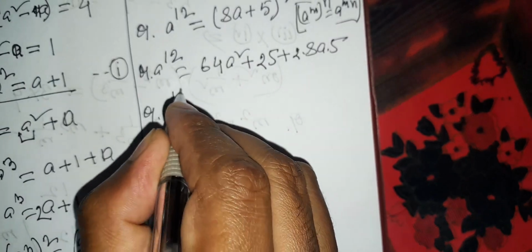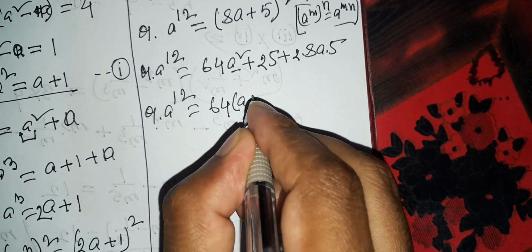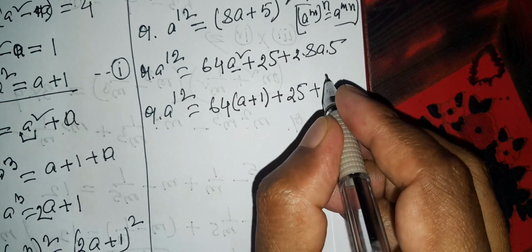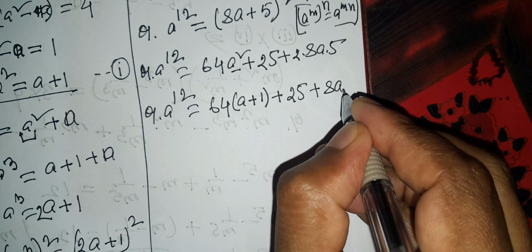So a to the power 12 is equal to, for a square we write a plus 1, so 64 into (a plus 1) plus 25 plus 80a.